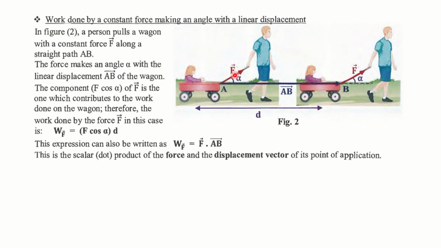What if the force F is not parallel to the displacement? It's forming an angle alpha with the displacement. Consider this girl sitting in a cart, and this man is trying to pull the cart with a force F. The cart is displaced from A to B, or along a distance d, such that the exerted force F is forming an angle alpha with the displacement vector AB.